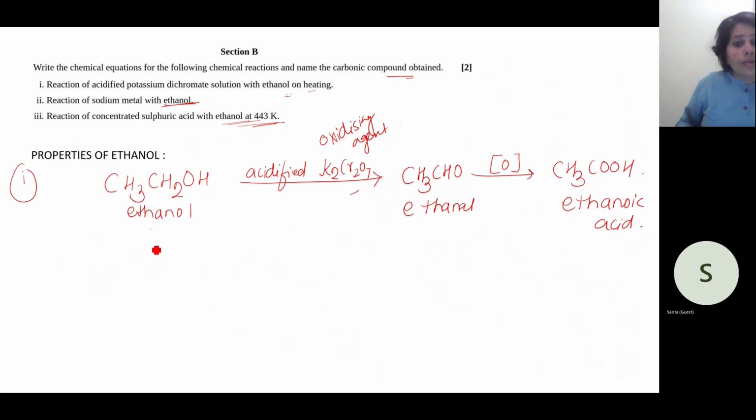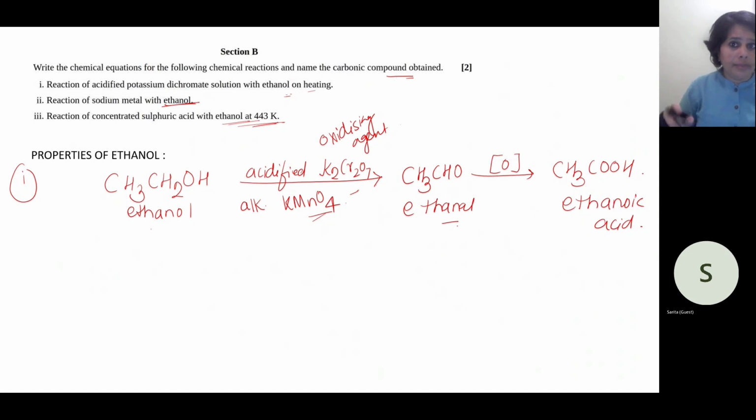Another one is alkaline KMnO4, that is alkaline potassium permanganate. It is also an oxidizing agent. The function of this is also the same. It will oxidize the alcohol into aldehyde and the aldehyde will be oxidized into carboxylic acid.